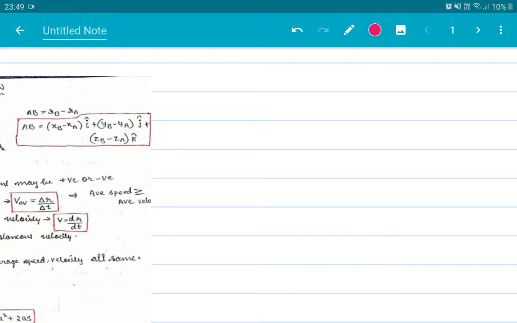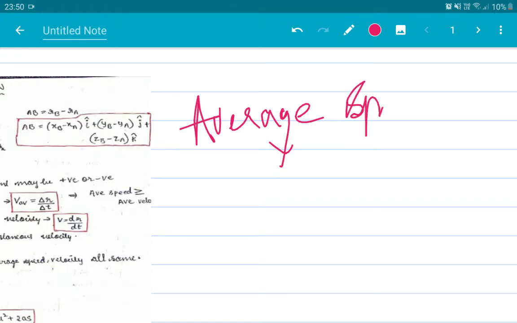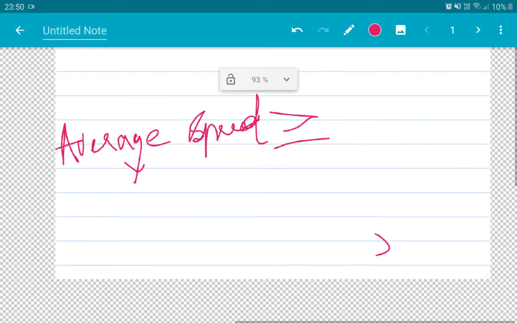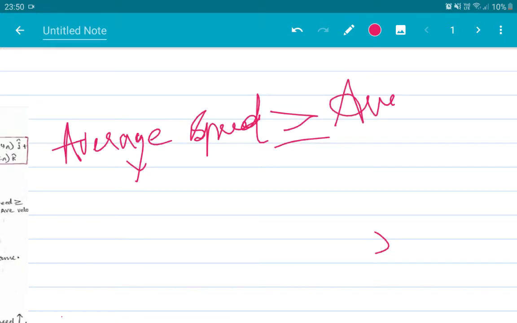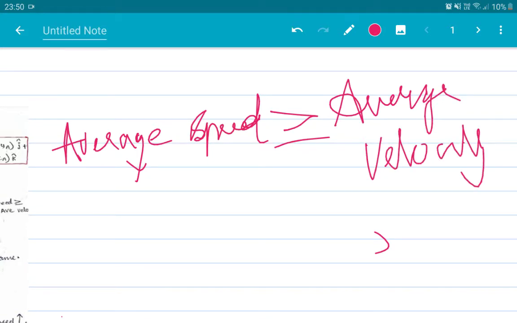I'll write here: average speed is always greater than or equal to average velocity. This is highlighted.